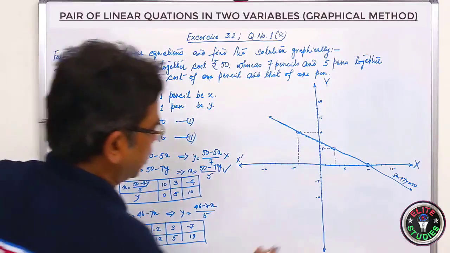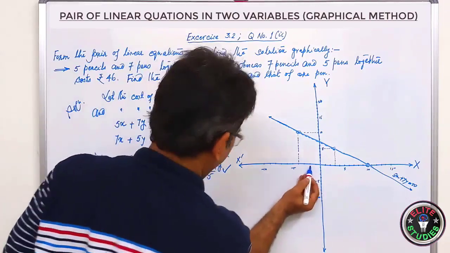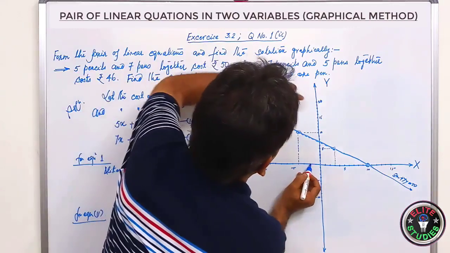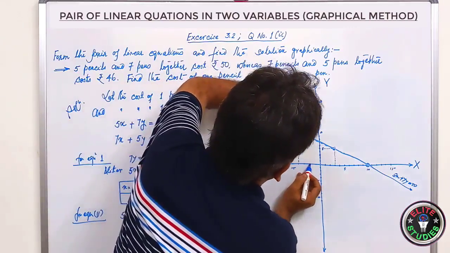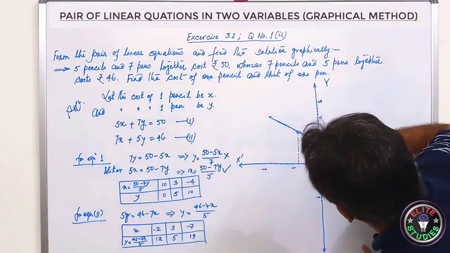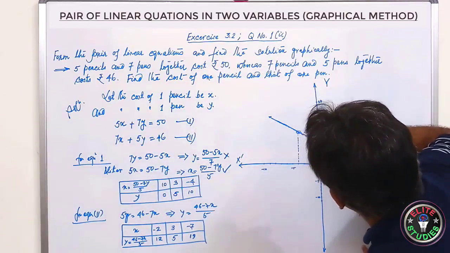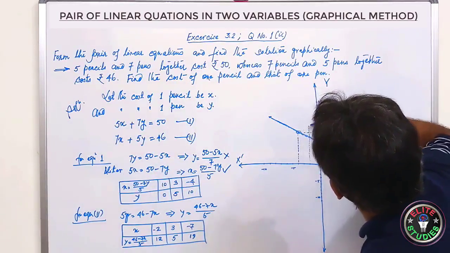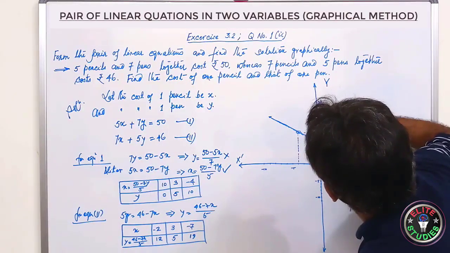Now x is equal to minus 2, and y is equal to 12. It is minus 2 and 12, so 10, 11, 12, it is coming here.